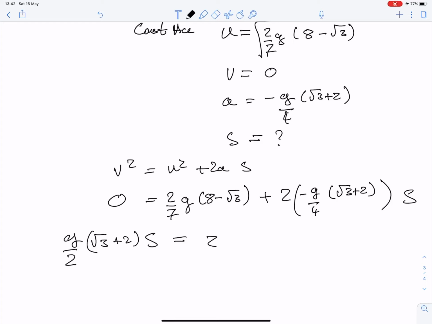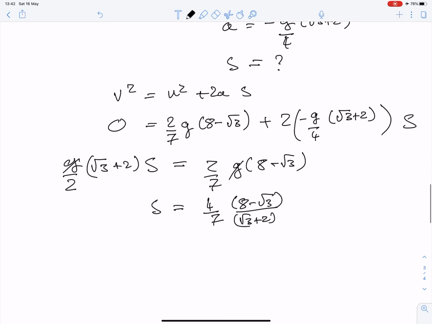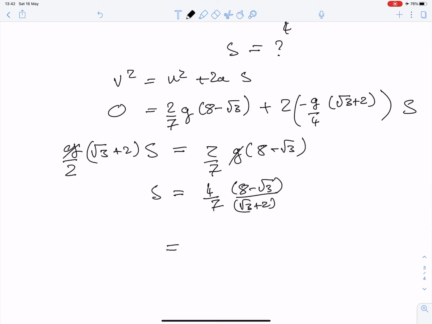Yeah. Okay. v: we want how far it's travelled when it stops, so that's got to be 0. a, we have just worked out, but it's going to be negative because it's opposing the motion, so it's minus g over 4 (root 3 plus 2). And s is what we're trying to find. So what equation should we use? v squared equals u squared plus 2as.